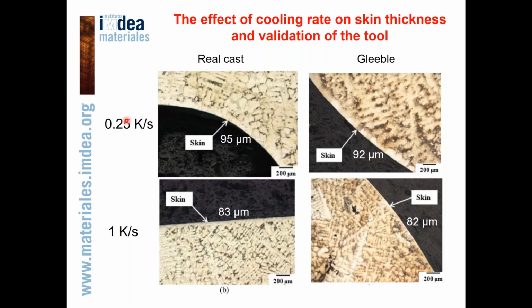One can see that at the lowest cooling rate, we have a thick skin in the sample from a real nozzle guide vane, and the physical simulation well reproduces the skin morphology and also the thickness of the skin.